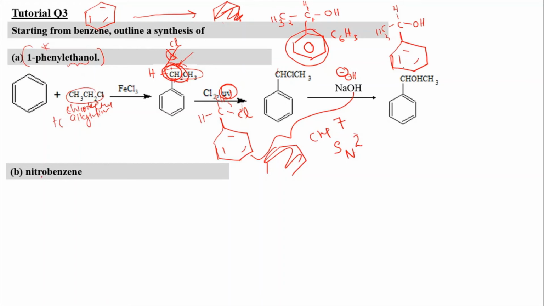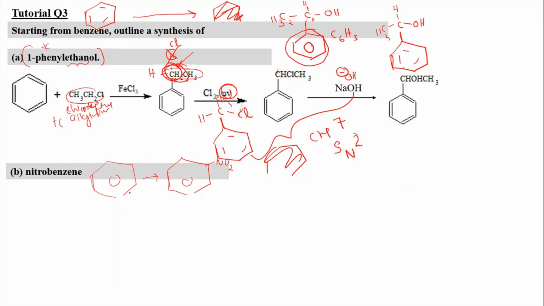Okay, now you're going to do question 3b, which is nitrobenzene. The same thing, starting from benzene, you're going to produce nitrobenzene, NO2. Okay, for this case, it is easy because it is almost similar to what you have learned in lecture, because you can just directly substitute NO2 for the hydrogen on the side here.